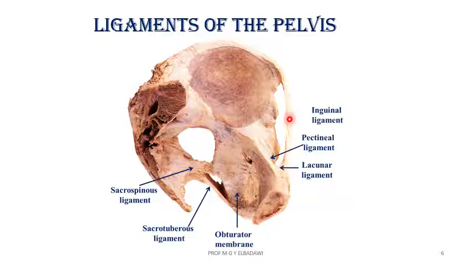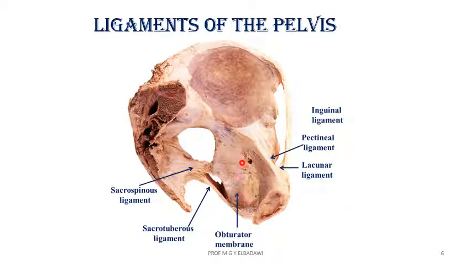This is the inguinal ligament, and this is the pectineal ligament over the pectineal line here, and this is the lacunar ligament, the lateral extension from the medial end of the inguinal ligament over the pectineal line. That is the lacunar ligament.